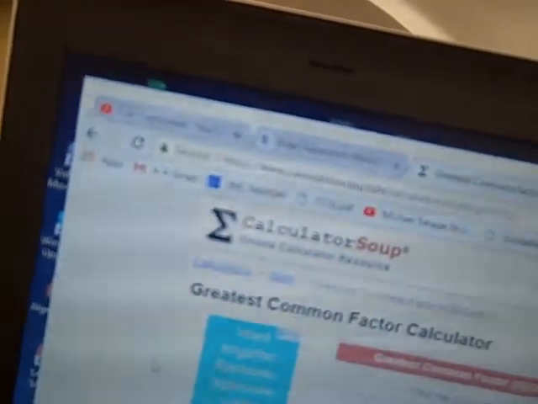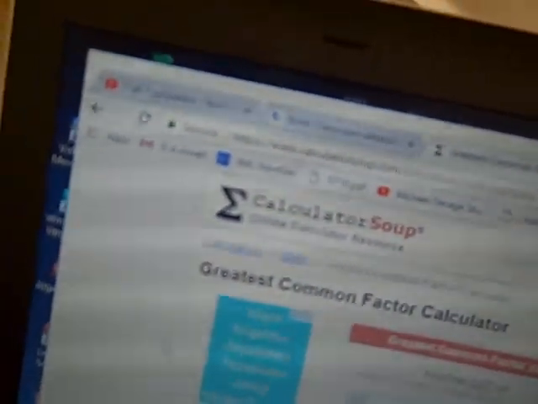And again, 30 and 15. So 30, comma, 15. It says the GCF is equal to 15, so 15 with the x. Again, if we don't have the GCF calculator or access to it on the phone, we're going to take 15 and split it into all of its factors.